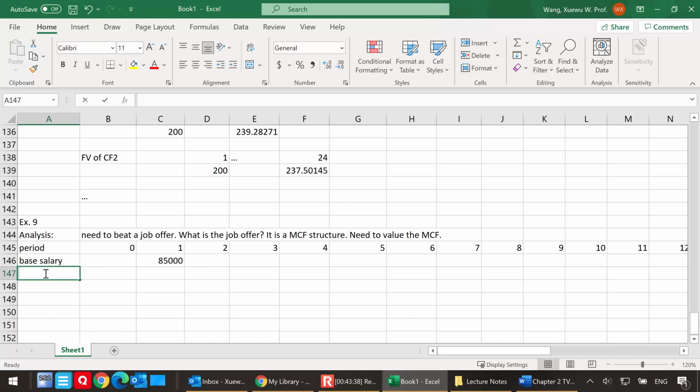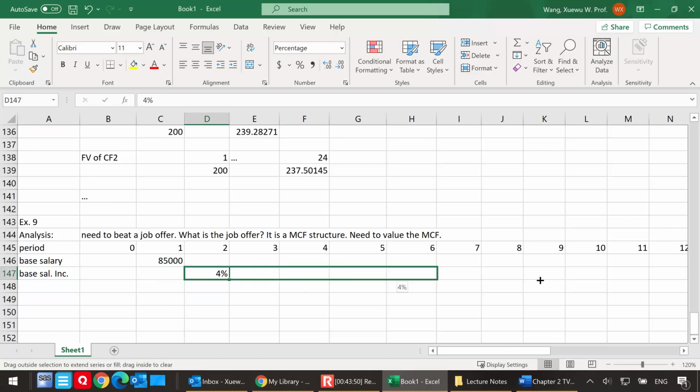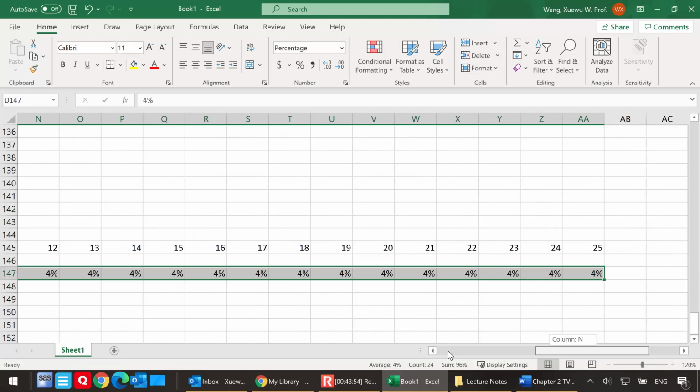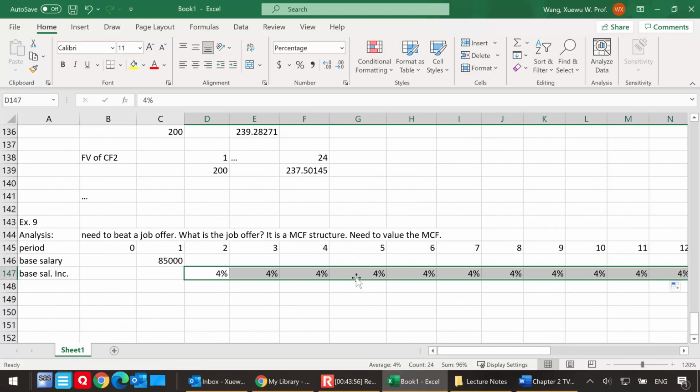And then the base salary increase per year. We know that the salary is going to grow at 4%. So it's a 4% increase and it's constant. I'm just going to copy across this 4% here. Some of you will immediately realize that if this is not constant, not a problem.